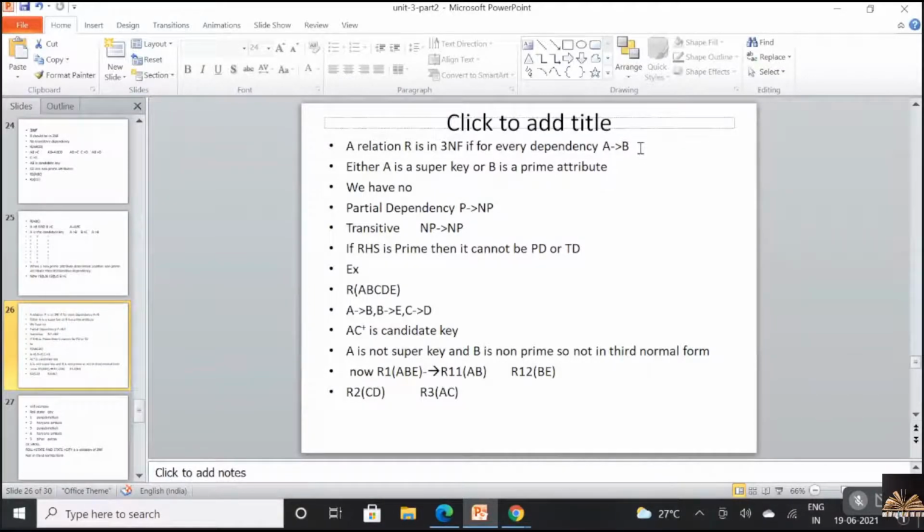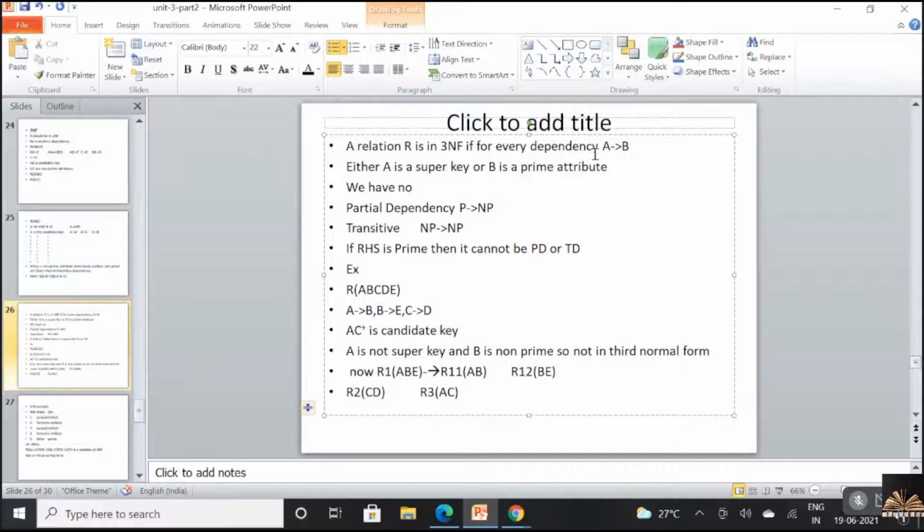You need not check the things which we checked earlier. You can directly look at the functional dependency and see whether the LHS is a super key, or indirectly you can say a candidate key, or the RHS is a prime attribute.